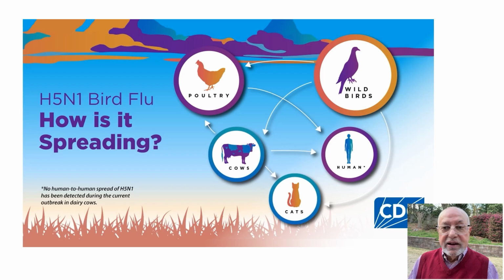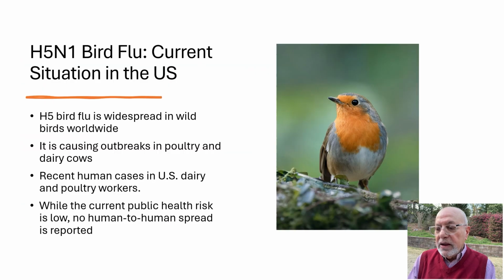So as I said, the situation is ongoing, and hopefully there will be some good resolution very quickly. In recent human cases, as I mentioned, the current public health risk is low. The good news is there's still no human-to-human transmission.